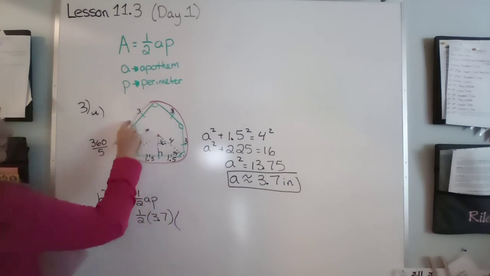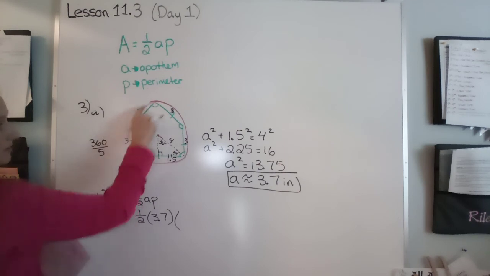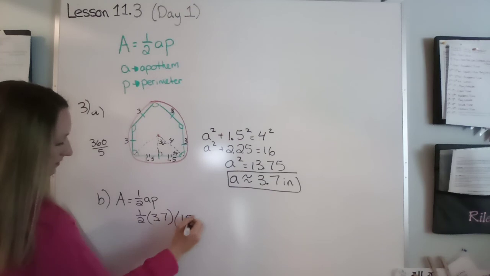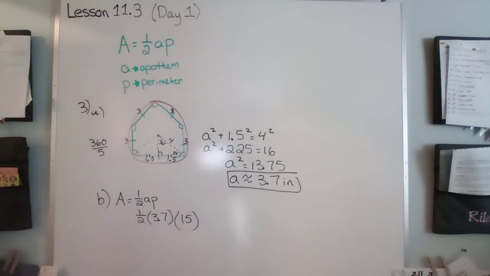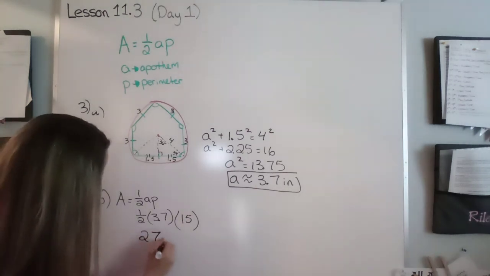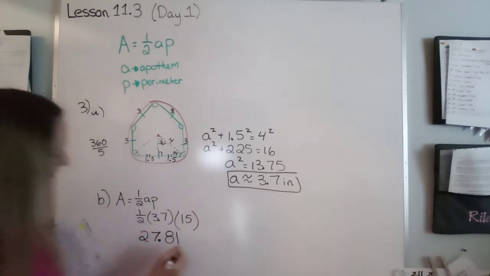Well, the perimeter, if each side is 3 and there are 5 sides, 3 plus 3 plus 3 plus 3 plus 3 gives you 15. And then when you multiply, you're going to get 27.81. And what are our units again? Inches squared.